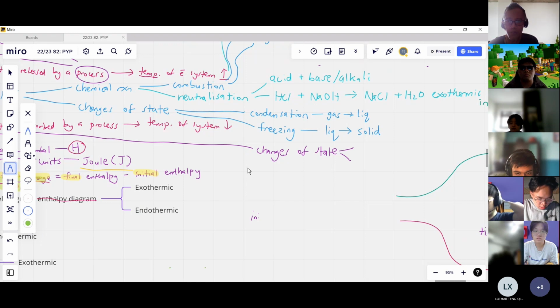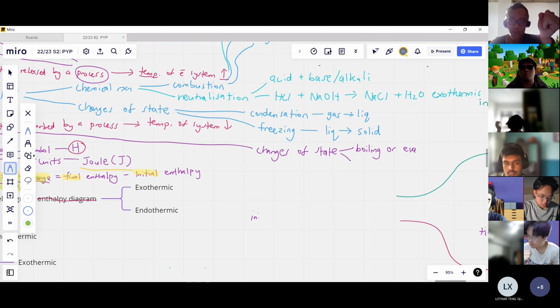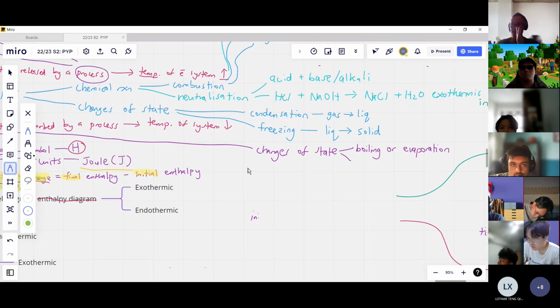So for endothermic processes, what are they? Well, some of you probably figured it out. They are the opposite. Just now we had condensation. So now we have the opposite, which is boiling or evaporation. I think this is easier to visualize.